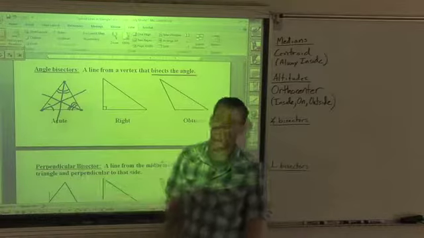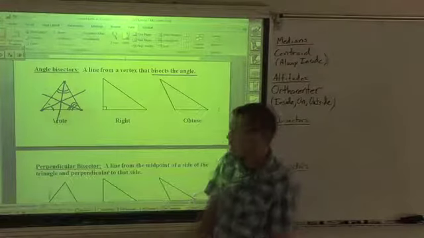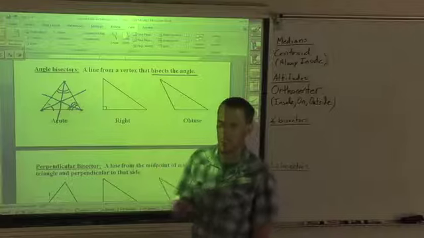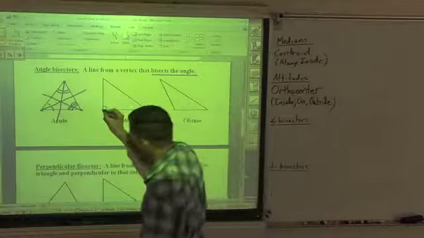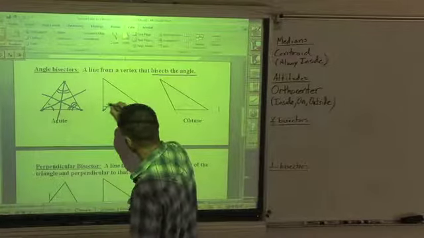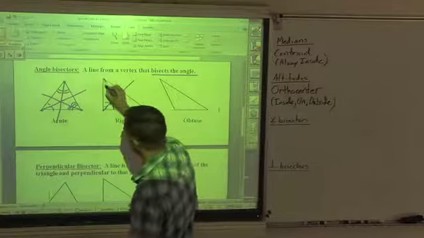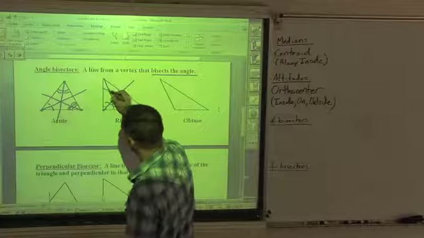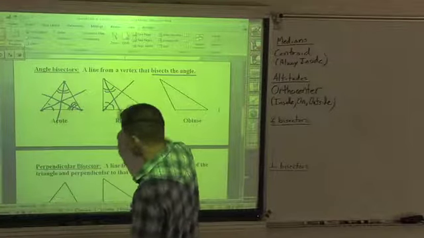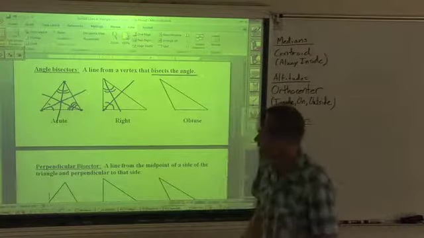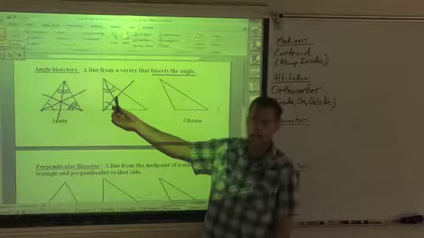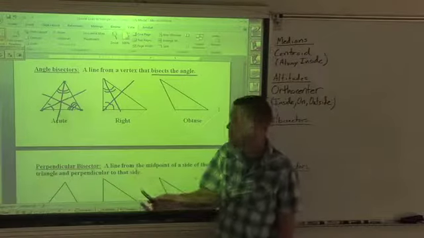Again, these come together to form one point. This point will have a name. This will be called the incenter. If I went to the right triangle, I could bisect the right angle. I could also bisect any other angle in the triangle. Now, notice these are coming together inside the triangle as well.